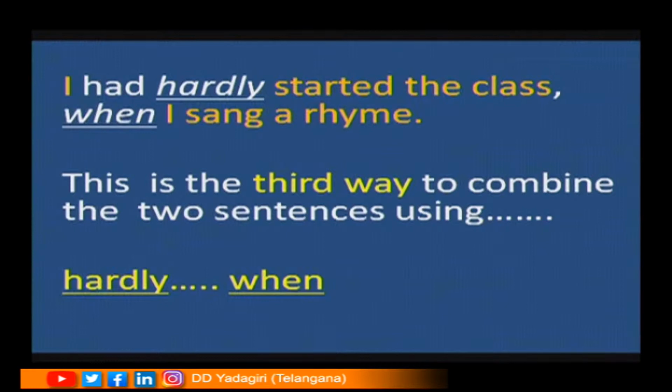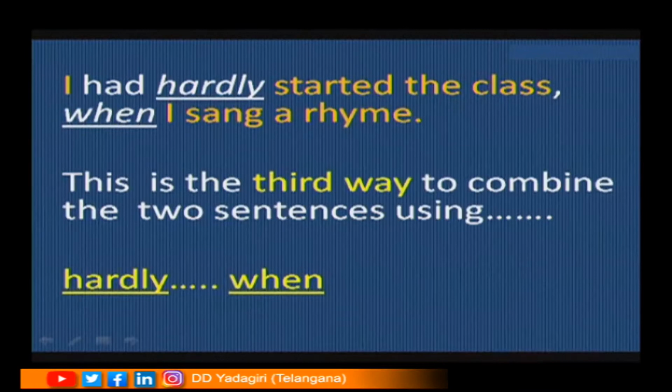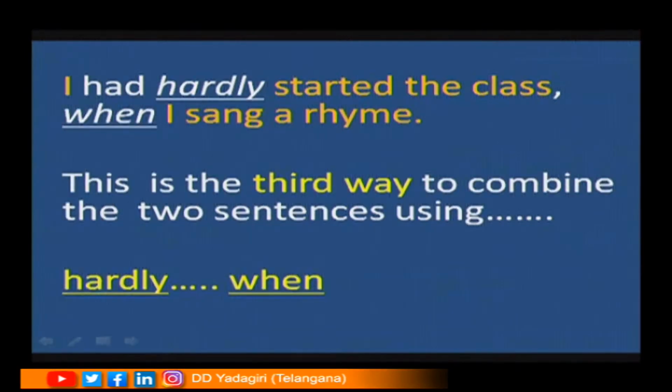I've put "when" at the beginning of the second sentence. Shall we put a comma after the end of the first sentence? Yes, children, you're following it. I had hardly started the class when I sang a rhyme. This is the third way to combine the two sentences using "hardly when".